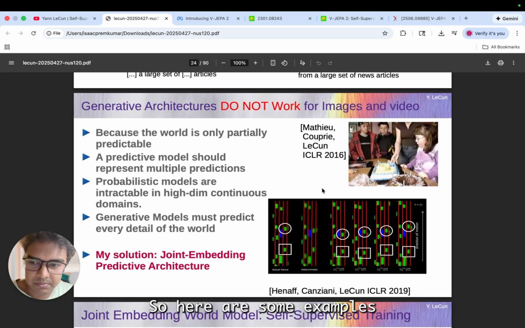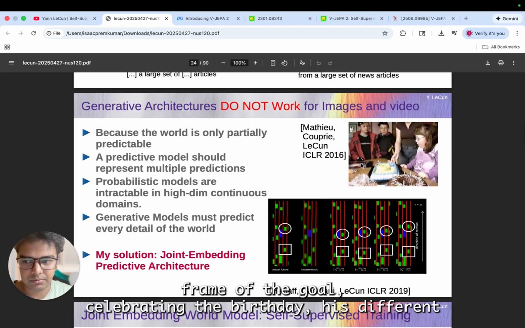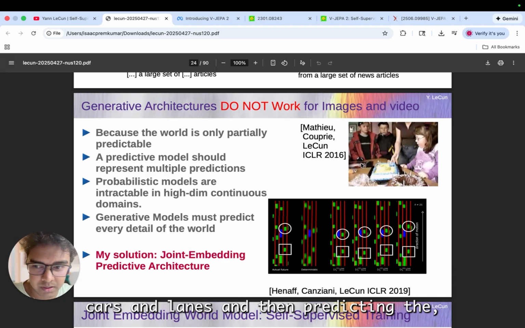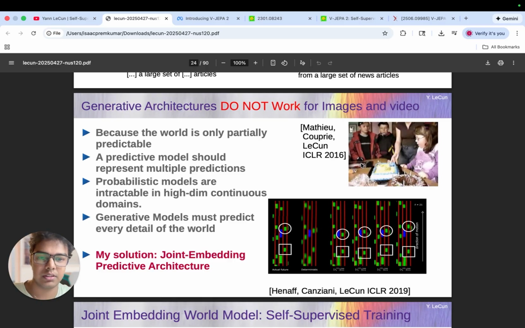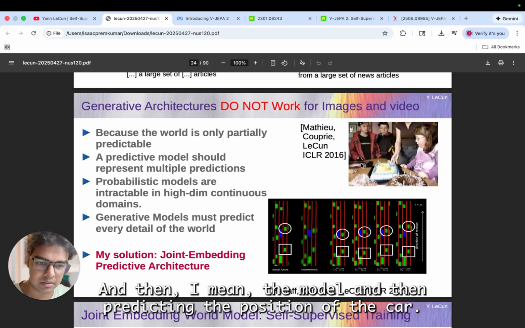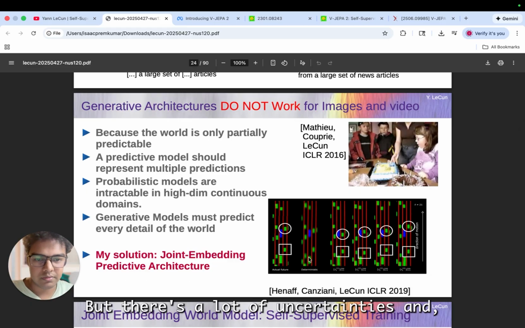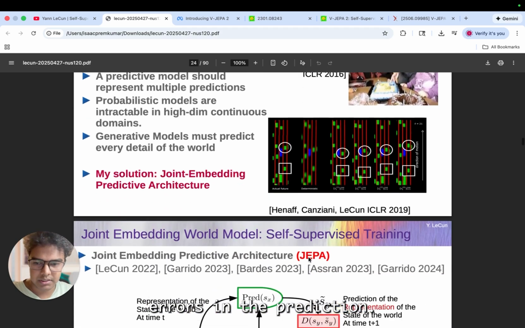So here are some examples that he had covered, like predicting the next frame of the girl celebrating the birthday. He has different cars in lanes, and then predicting the car in the lane that was not fed to the model, and then predicting the position of the car. But there are a lot of uncertainties and errors in the prediction.